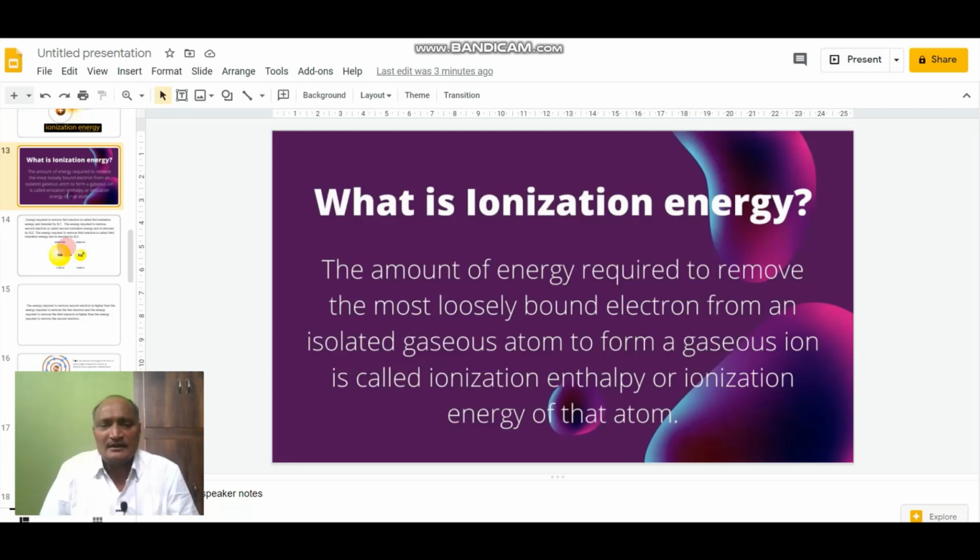This is called ionization enthalpy or ionization energy of that atom.